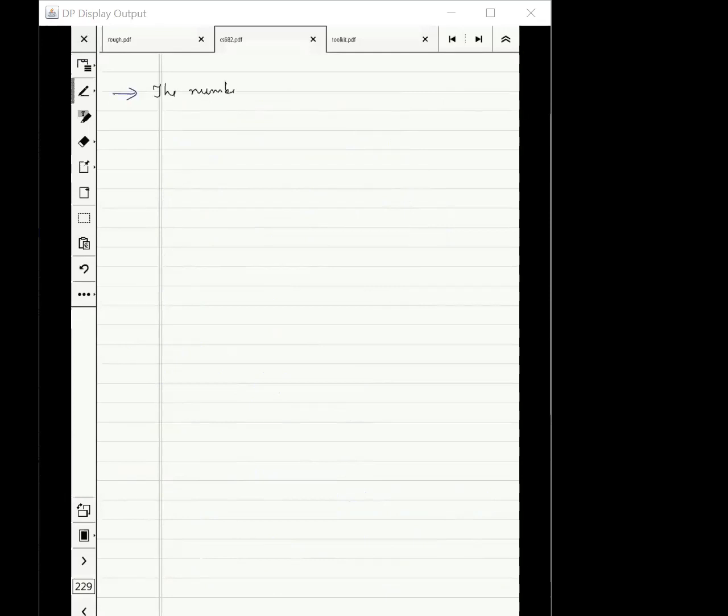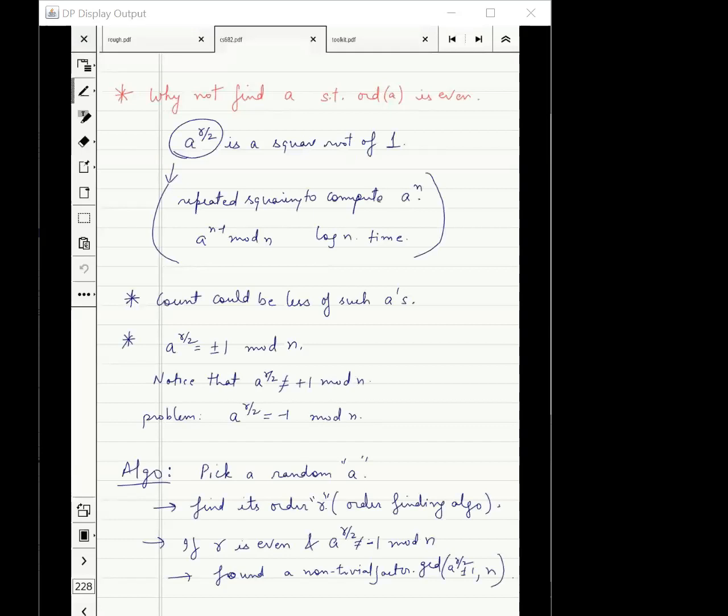The number of such, let's say, nice A's could be small. What is the definition of nice here? What are nice A's? Order is even, and a to the power r by 2 is not equal to minus 1 mod n.